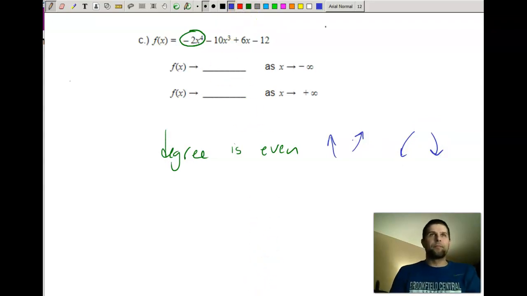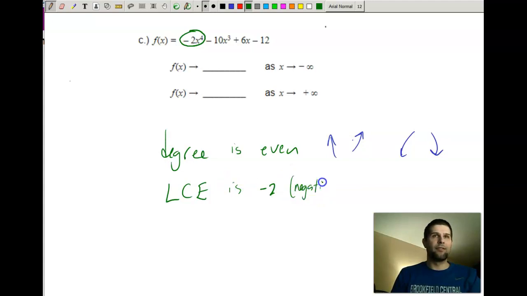So if we look at the leading coefficient, the leading number is -2. In other words, it's negative. So out of these two options, right, which end behavior is it going to be? If my leading number is negative, it's going to be this one right here. So it's not going to be going up and to the left and up and to the right.